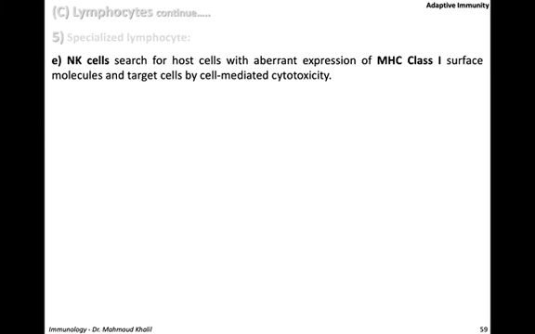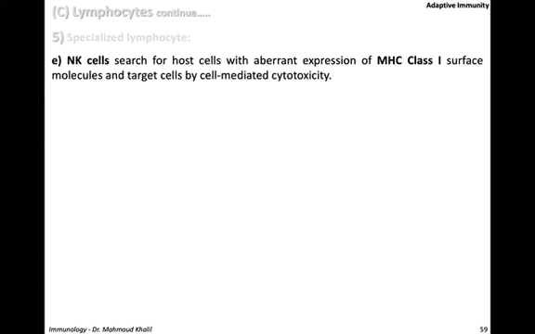The fifth type of specialized lymphocyte is the NK cells, which actually search for host cells that have abnormalities, because as we said before, NK cells are responsible for attacking virus-infected cells or cancer cells. If you remember the video we saw earlier in the lecture.